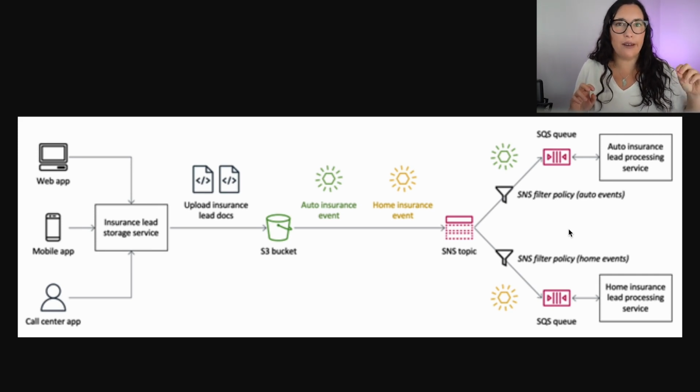One is filtering messages that contain the word auto, while the other is filtering the ones that have the word home. This is for an insurance company: the events related to cars will go to the auto queue, and the ones for home will go to the queue related to that.